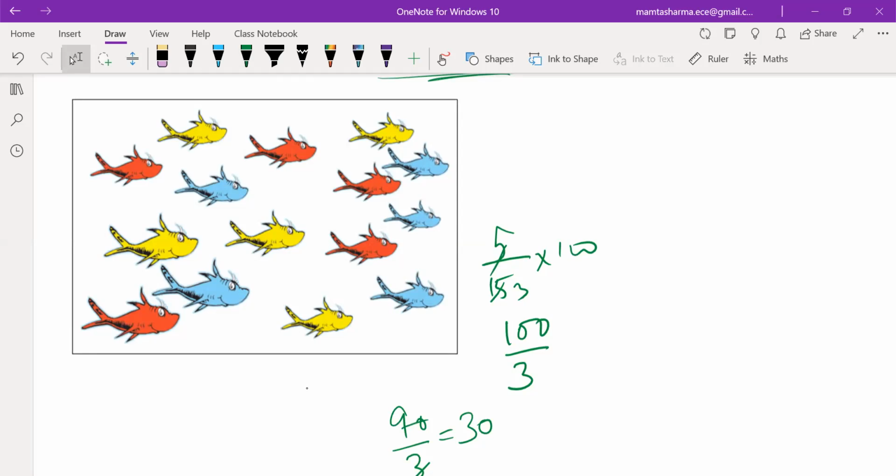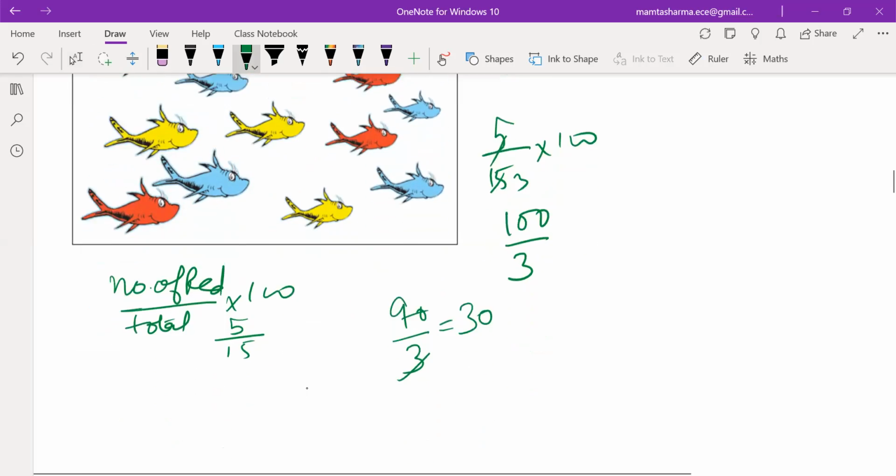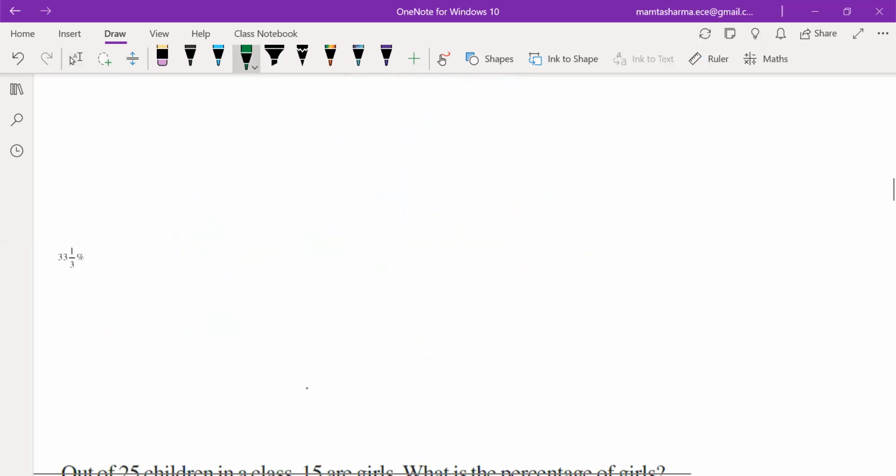And how many in total? 15. So what is the percentage formula? The number of red fishes to the total number of fishes into 100. So red fishes are 5, total are 15, so 5 by 15 multiplied by 100.